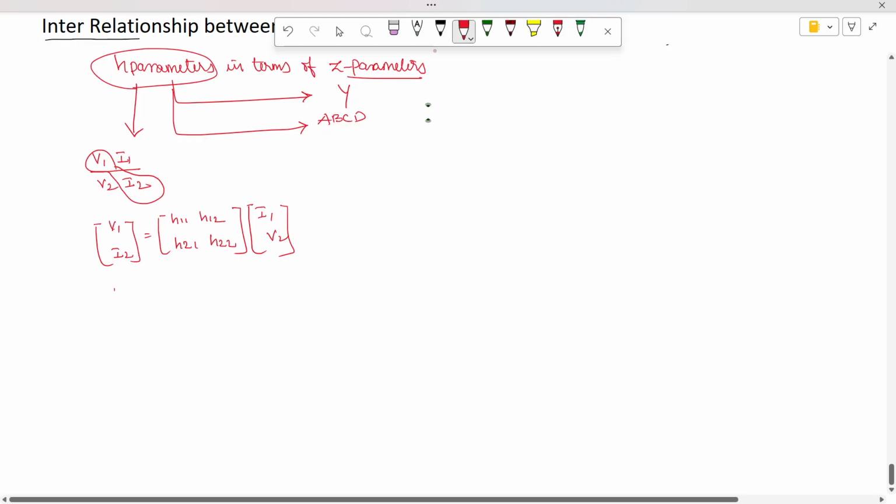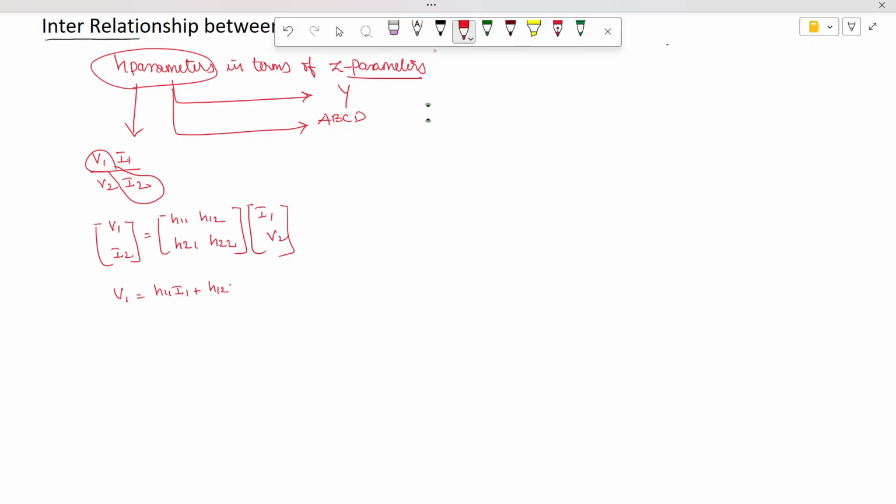So here V1 is equal to H11 I1 plus H12 V2 is the first equation. The second equation is I2 is equal to H21 I1 plus H22 V2.